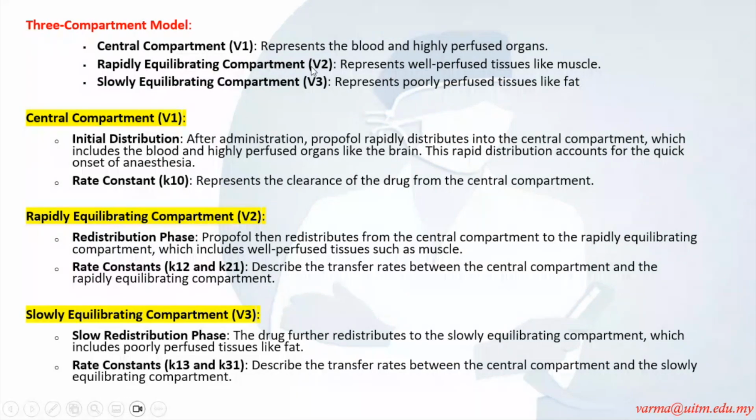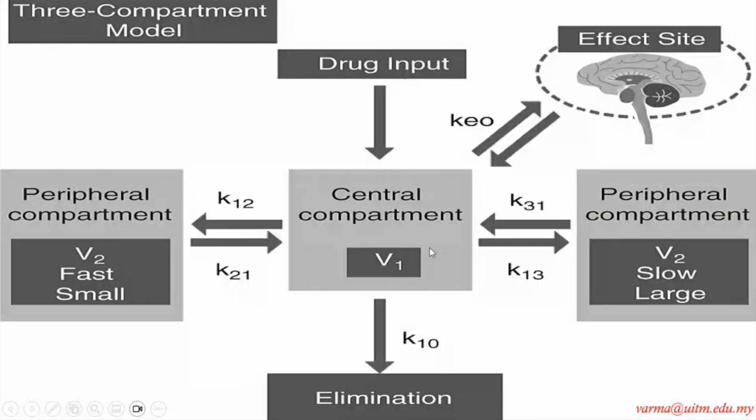So V1 is initially the blood and immediately the effect site, which here is the brain. This rapid distribution accounts for the quick onset of anesthesia, because your drug goes to the central compartment and highly perfused organs first, which include the brain, our main target and effect site for loss of consciousness. And then you must know the rate constant K10 represents the clearance of the drug from the central compartment.